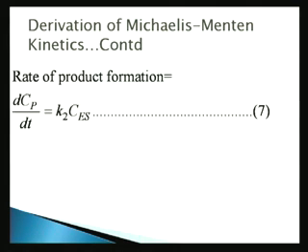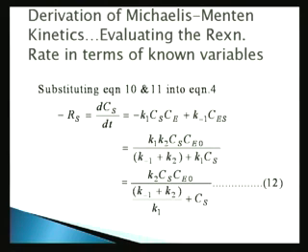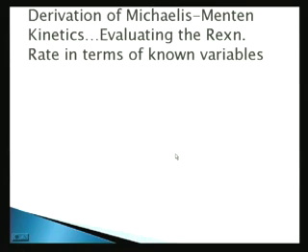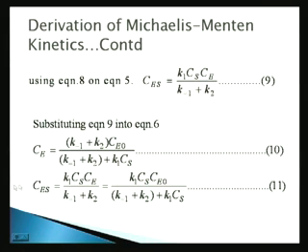Okay. So, essentially what I am trying to say in this slide is that RS is dCs/dt, which equals minus dCp/dt, fine. I want you to go through this calculation quickly. You can do it this way, or there is another easy way: d/dt of Cp equals K2 times CES, right?